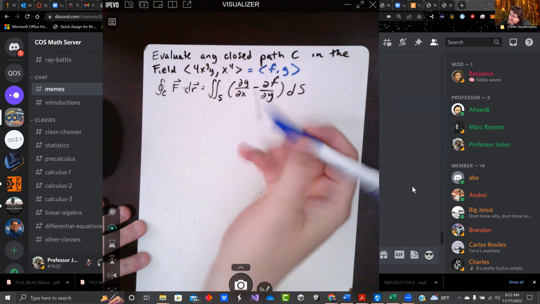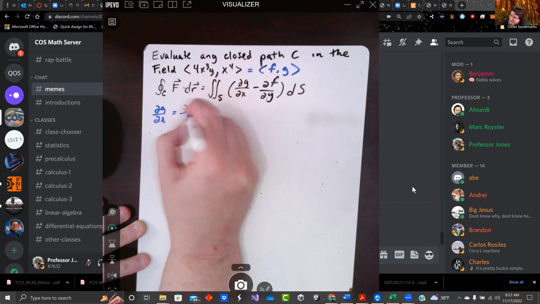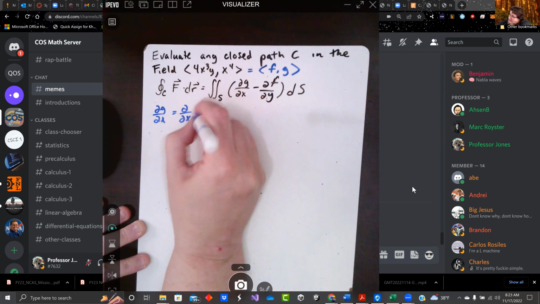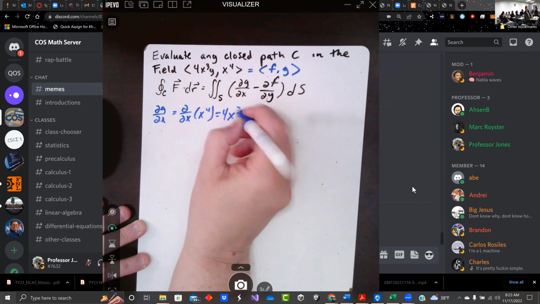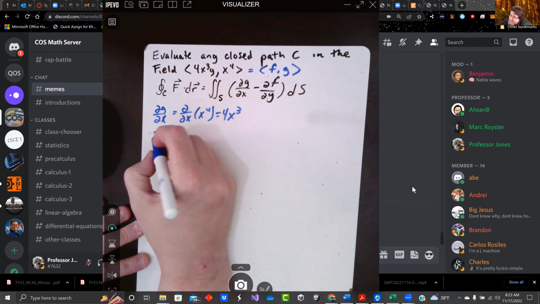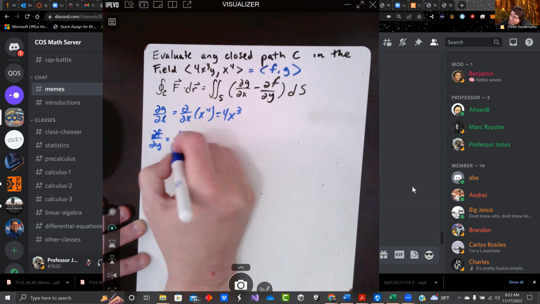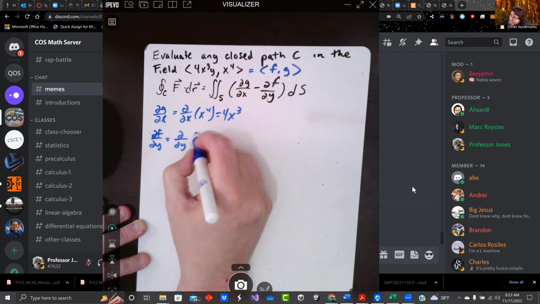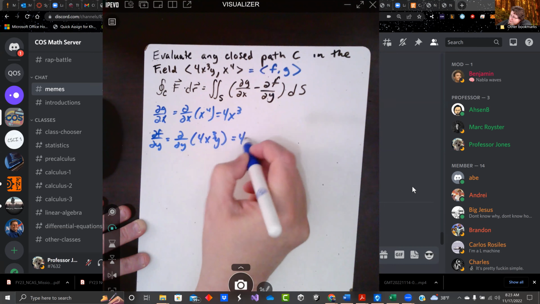So G is x to the 4th. So dg dx is d dx of x to the 4th, which is 4x cubed. And then we need df dy. That's d dy of 4x cubed y, which is 4x cubed.